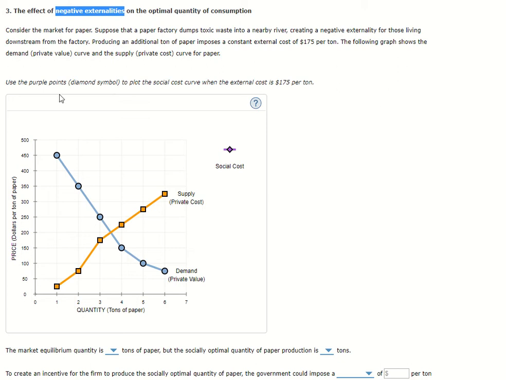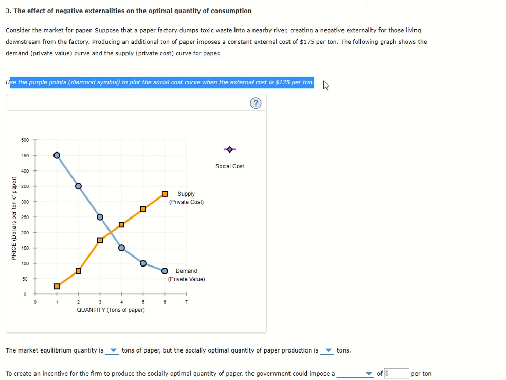In this case, for people who are living downstream of the paper factory, their water supply is getting damaged or worsened. Those people might need to pay more money to get their water purified. And imagine those extra costs to purify the water are going to be $175 for every ton of paper the company produces.